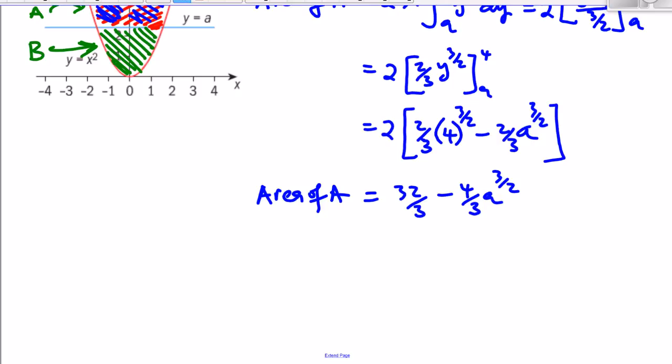The next step is the area of B. Now area of B, I'll do it the same way.